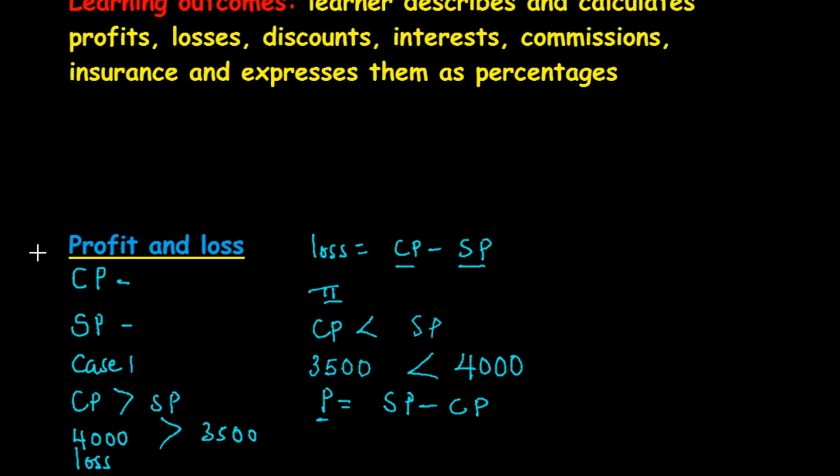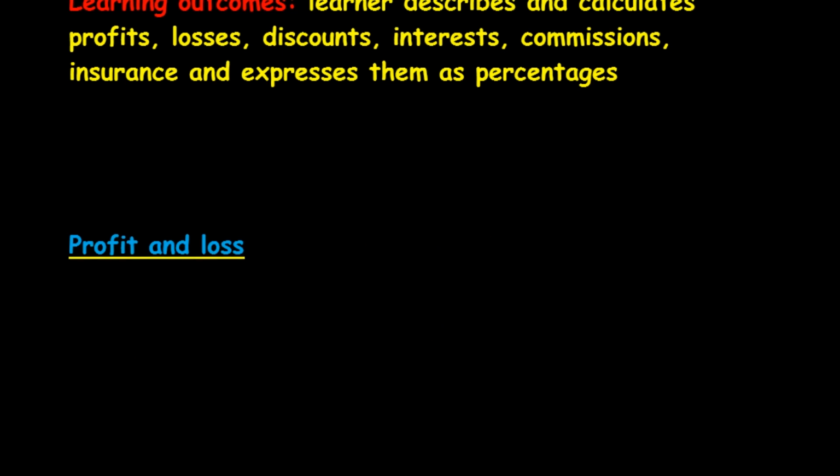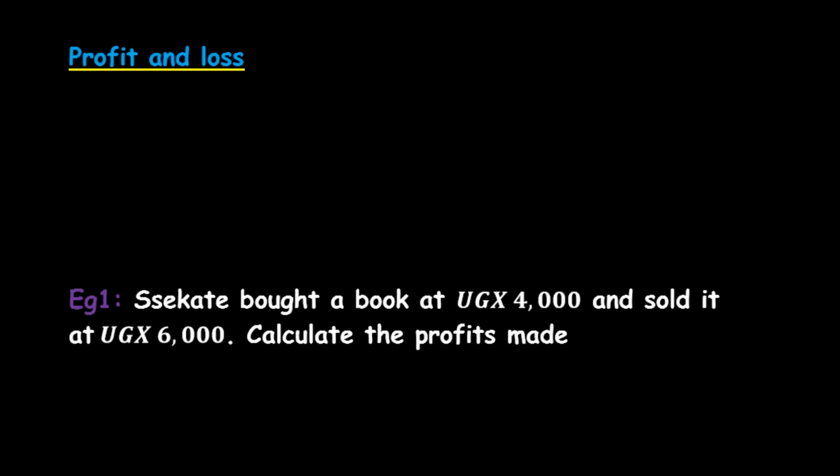Let us jump straight into today's examples. Example number 1. Sekate bought a book at 4,000 Ugandan shillings and sold it at 6,000 Ugandan shillings.